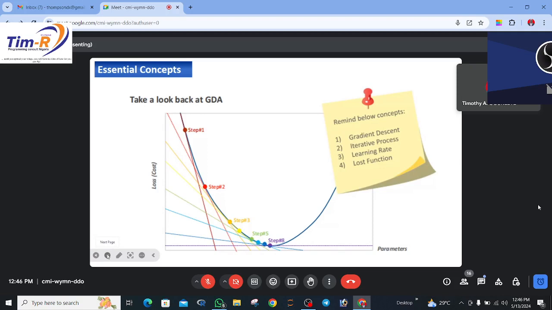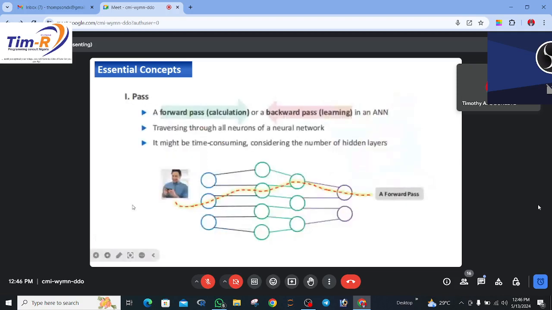So the number one thing is called a forward pass or a backward pass, which is learning in an artificial neural network, and it has to do with traversing through all neurons of a neural network. So that's what the pass does. A pass has to do with going forward and coming backward.